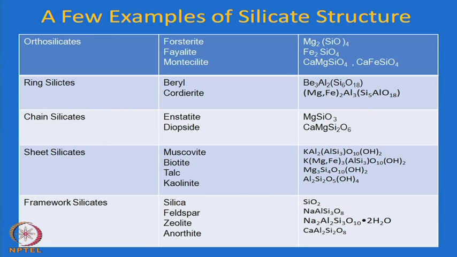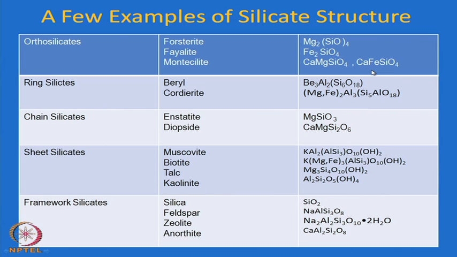Many refractories do have this particular mineral, and in fact, the presence of such minerals is always detrimental to the refractory property of industrial refractories, because it has a relatively low melting point. Monticellite is another kind of silicate.